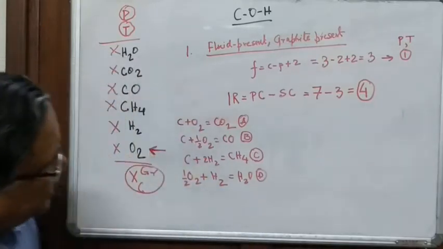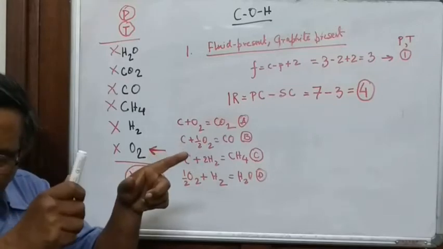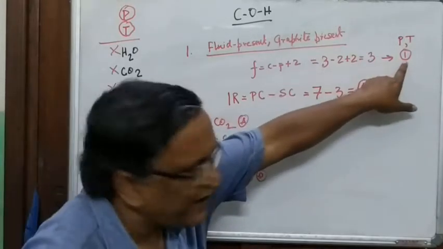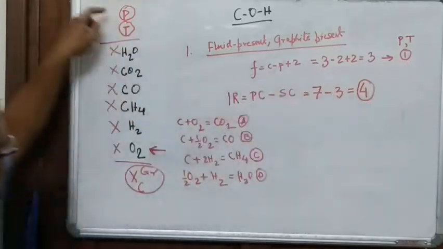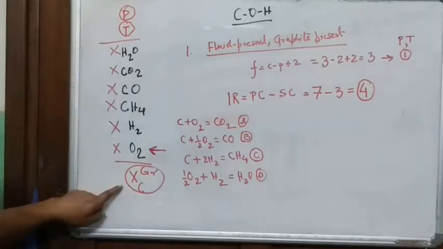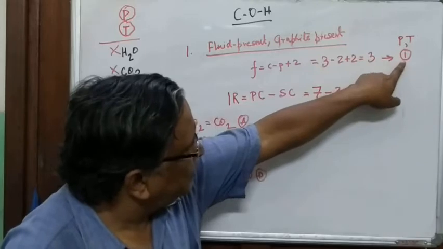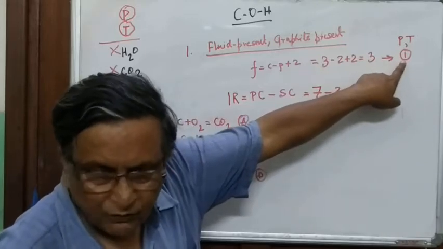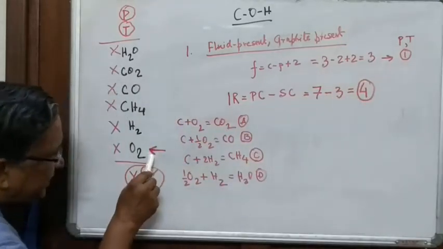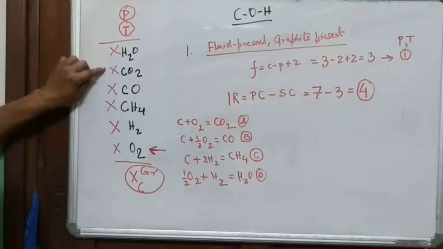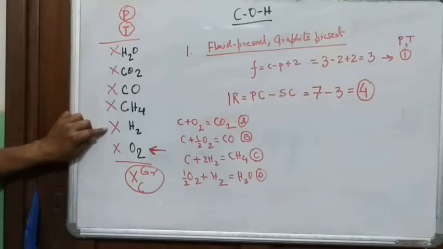Right. Where did we start? One input variable at a known pressure, temperature, and activity of graphite equal to 1. So I took 1 input variable. I'm left with 5 variables.